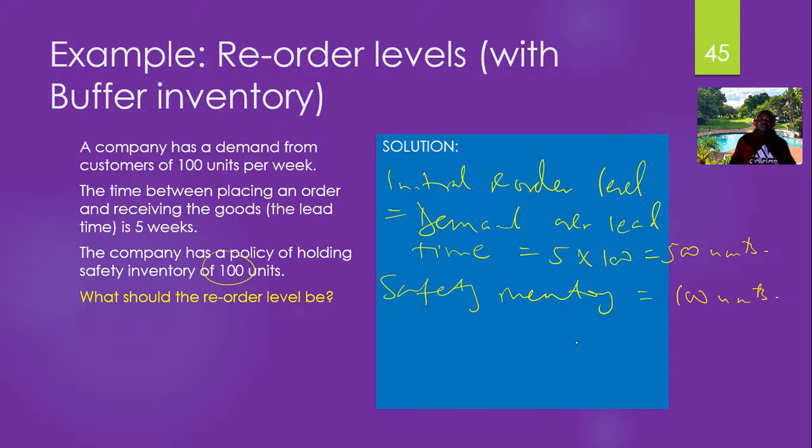So the reorder level now should be 5,000 plus 100 units, which is equal to 5,100 units. You can see that it's all about understanding what is going on, and you articulate yourself to something that makes sense. So you need to show the examiners that you are ready to go to the next module by articulating the data given.